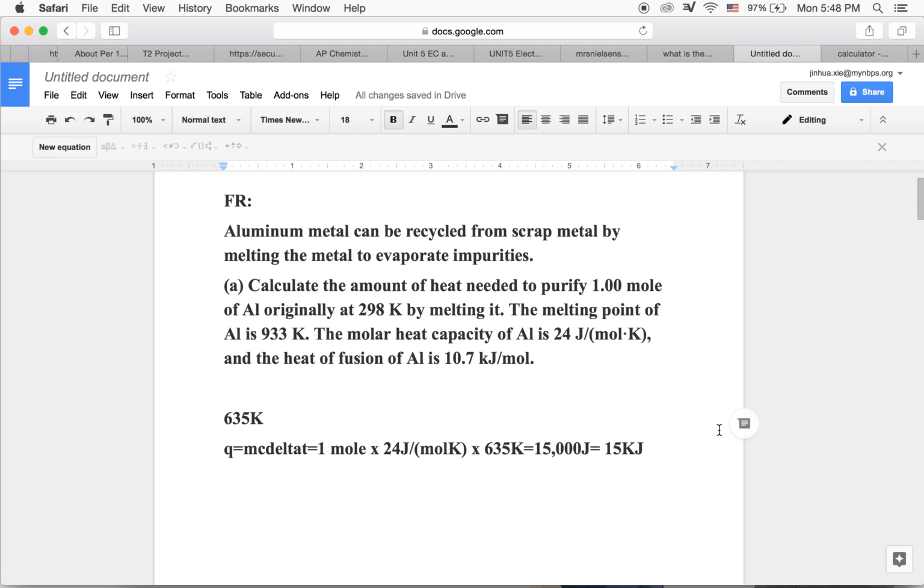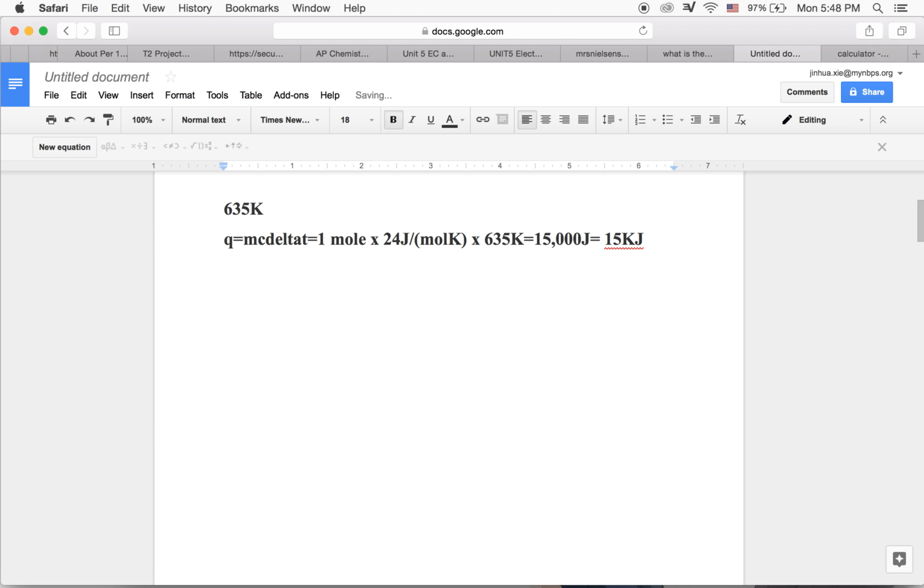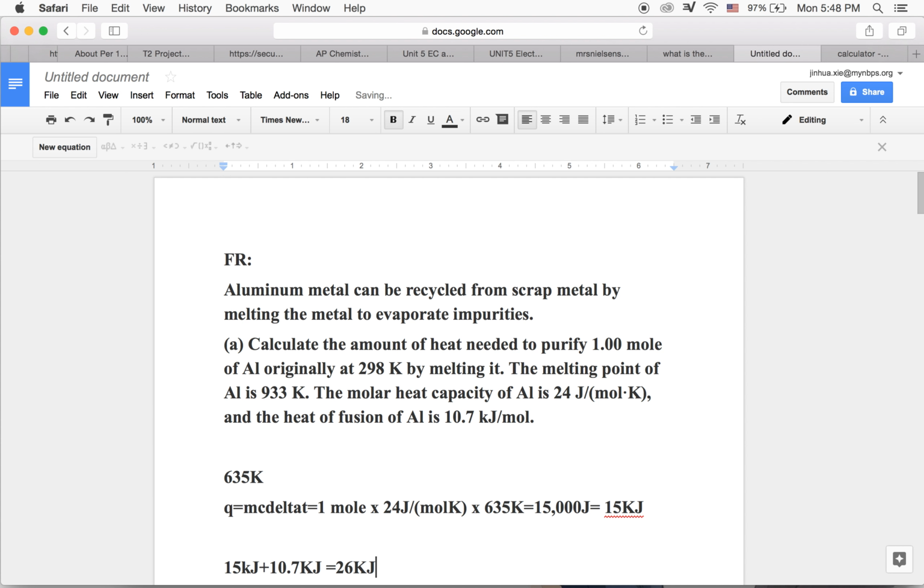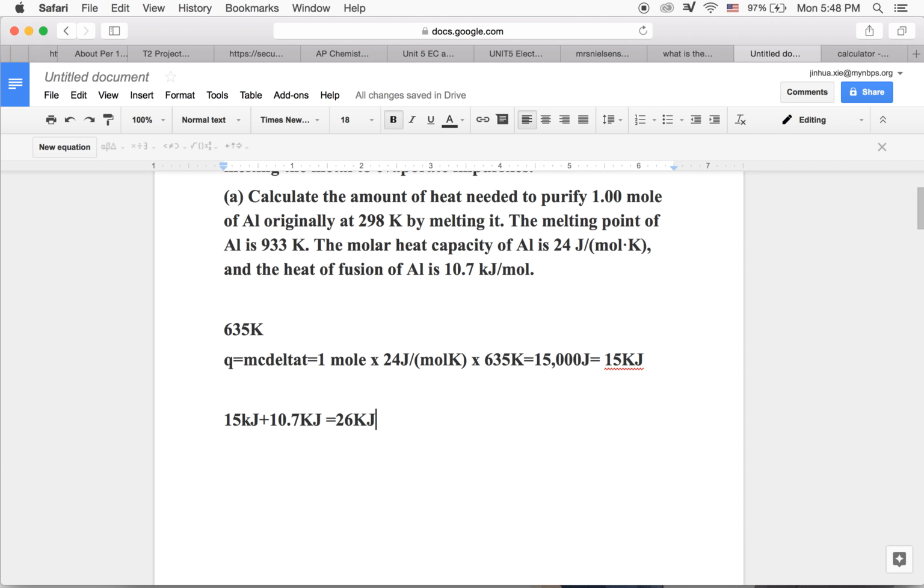So it means it takes 10.7 kilojoules to melt the Al at 933 K. So we need to add 15 kilojoules to 10.7 kilojoules, and we get 26 kilojoules in total. So the amount of heat is 26 kilojoules.